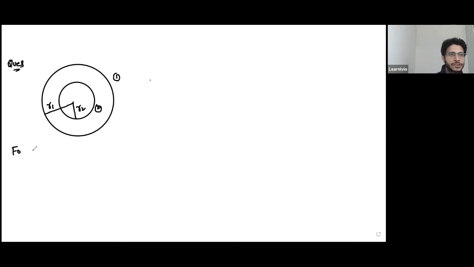So for a system of two concentric coils, you have a system having two concentric coils, one coil 1, another coil 2.